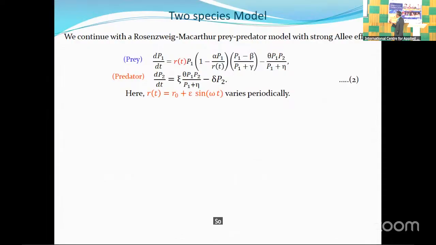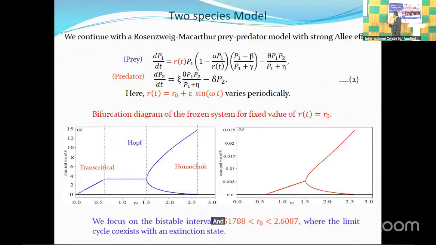So now we extend our study to a two-dimensional system. We consider a prey-predator model of this form. This is the prey equation, and we introduce the periodicity in the intrinsic growth rate of prey with this form, r(t) equal to r0 plus epsilon sin omega t, and this is the bifurcation of the closed system with respect to r0.